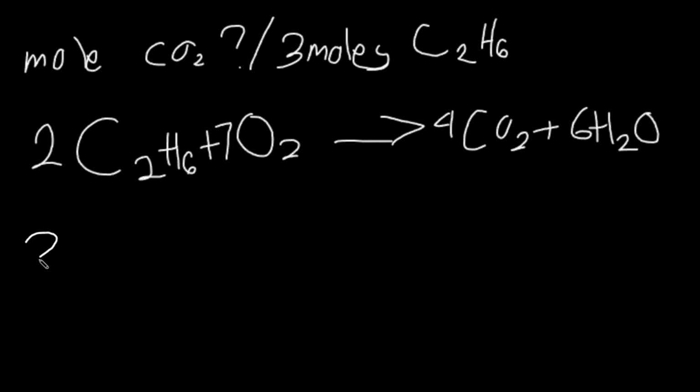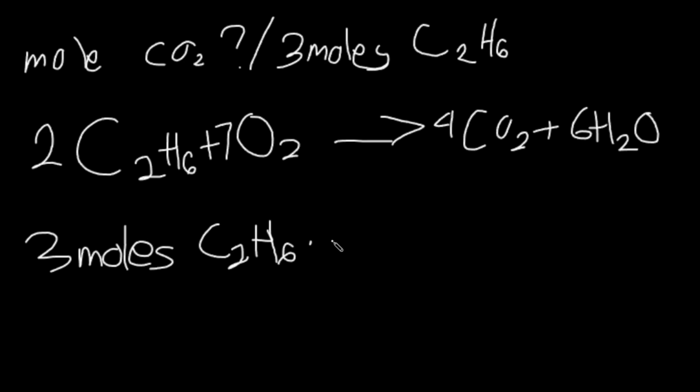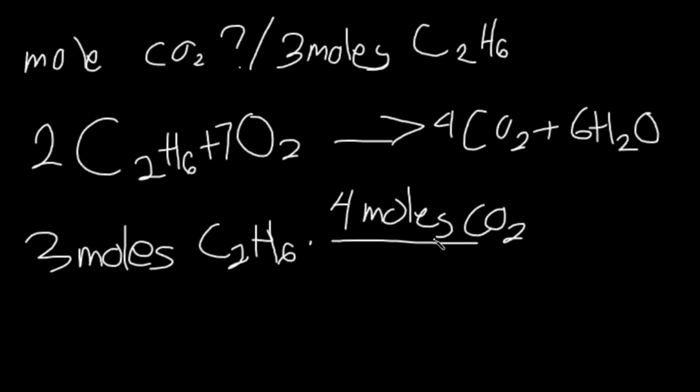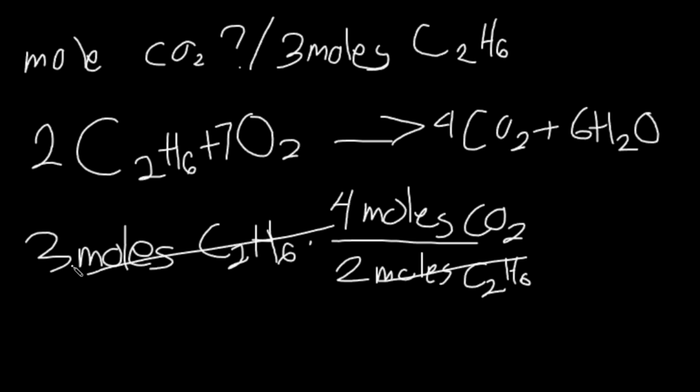Using the conversion of 3 moles of C2H6 times the mole ratio, which is 4 moles of CO2 per 2 moles of C2H6, we cancel, then multiply 3 times 4, we get 12, divided by 2.